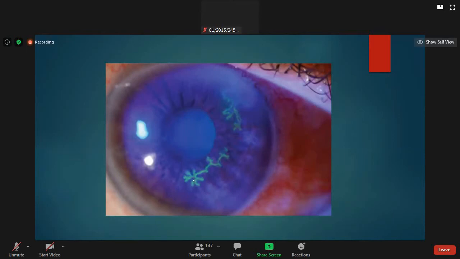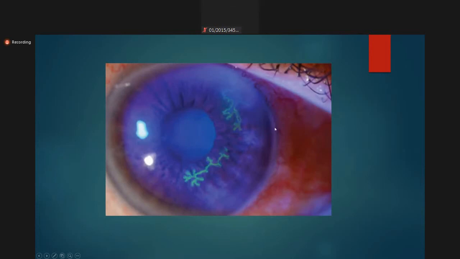It is stained with fluorescent dye. Before instilling the dye, we check corneal sensation with the cotton, then if the corneal sensation is decreased, we stain the ulcer. It is clearly showing a dendritic ulcer. So the cause is herpes simplex virus.